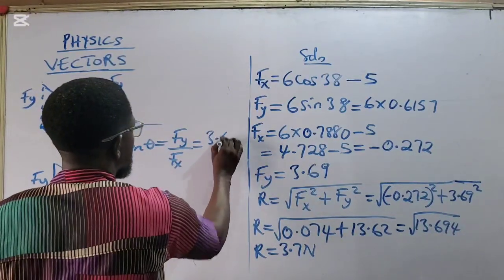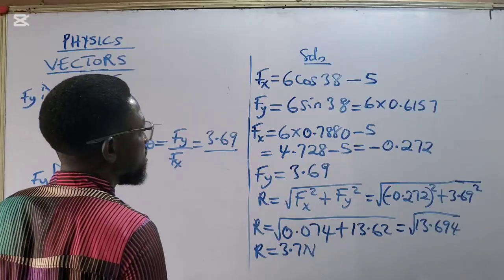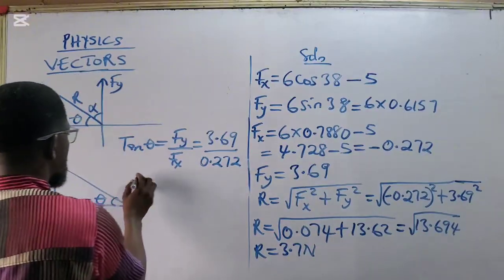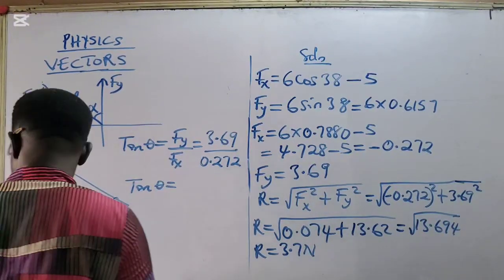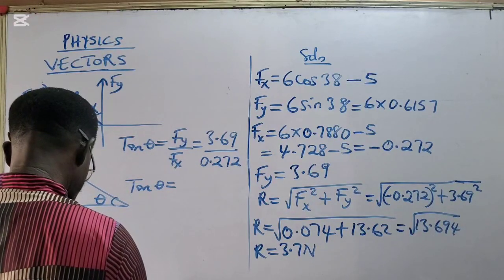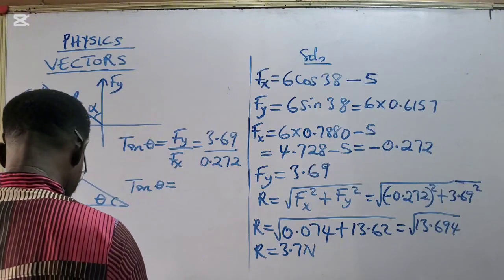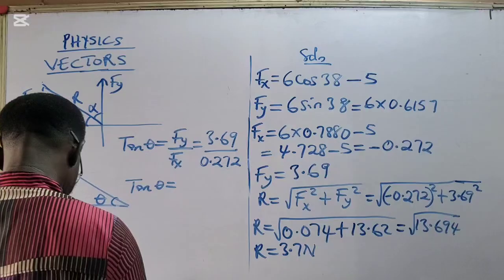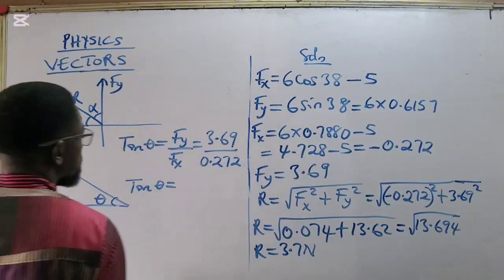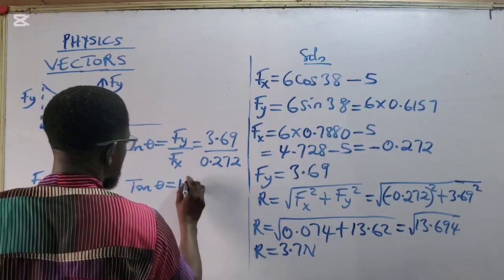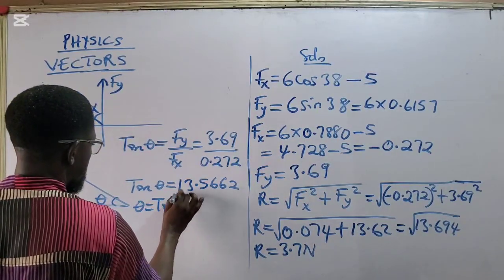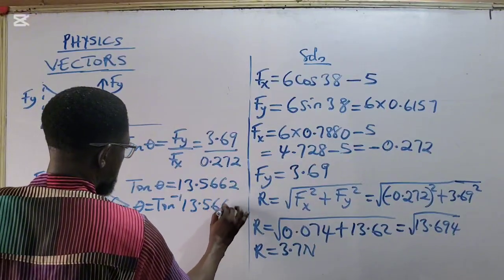Fy is 3.69, Fx is 0.272. 3.69 divided by 0.272 is 13.566. So theta will be tan inverse of 13.566.